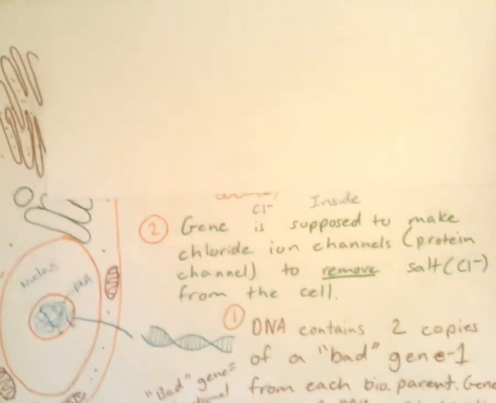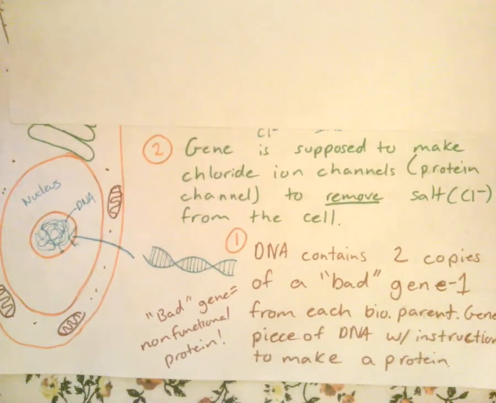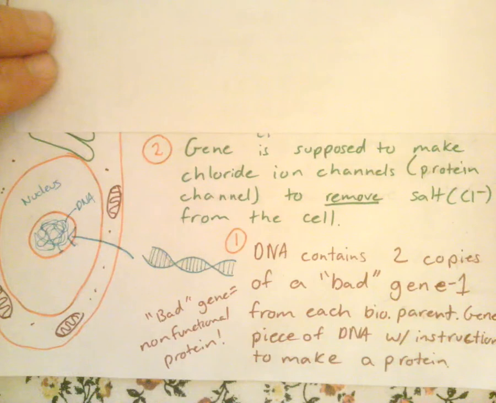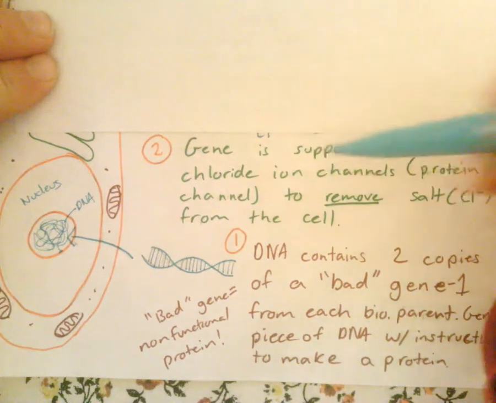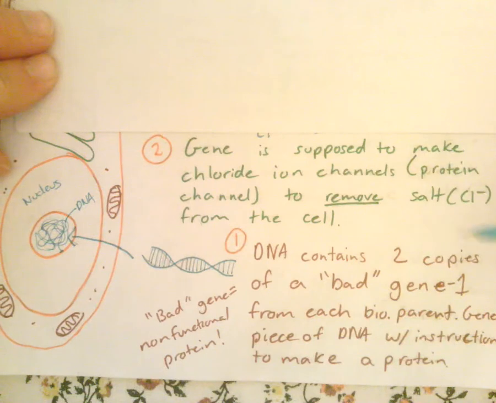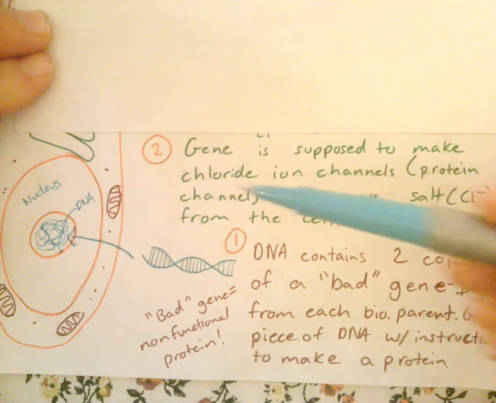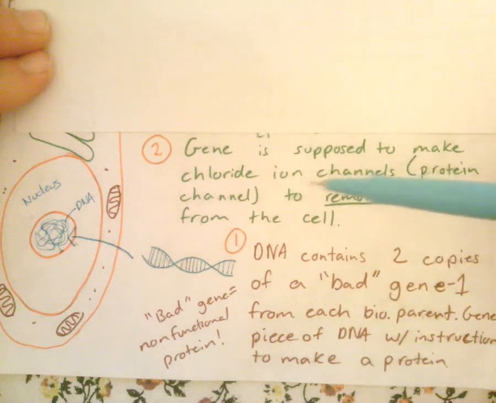Then what happens after that? So we've got this bad gene. So 2. Okay? The gene that we're talking about is supposed to make these chloride ion channels. So that's a type of membrane-spanning protein or protein channel that helps remove salt or these chloride ions from the cell. So that's what the protein is supposed to do, and the gene is supposed to give good instructions in order to make this protein channel.